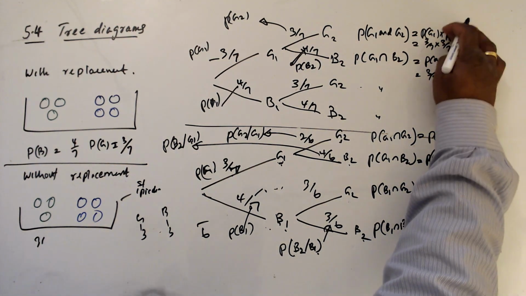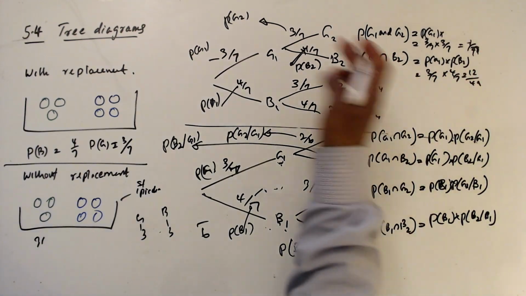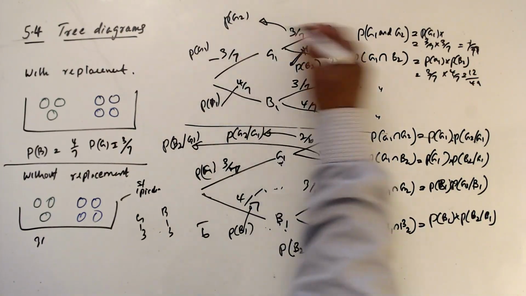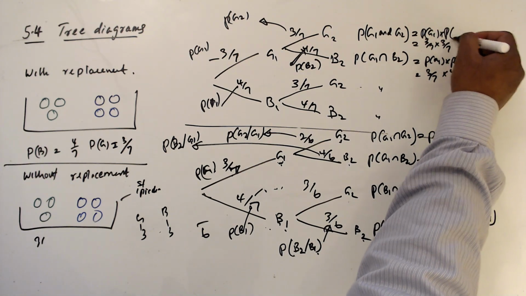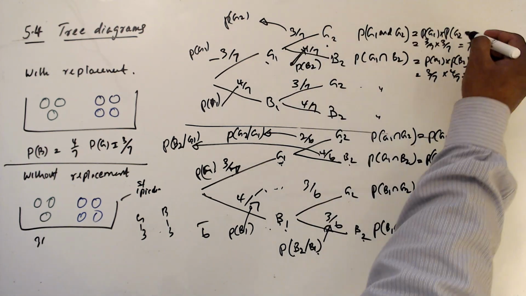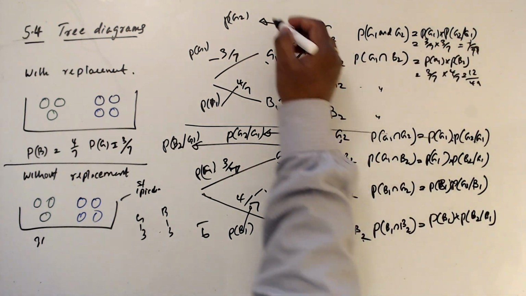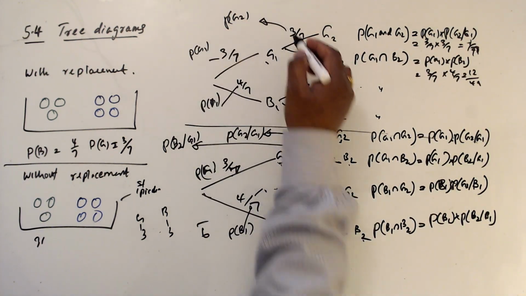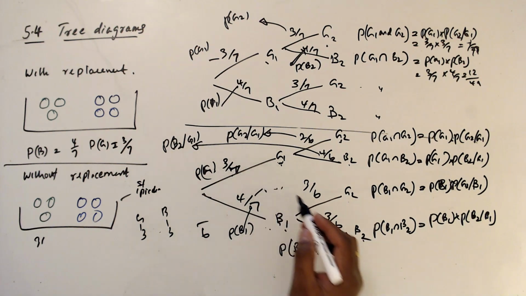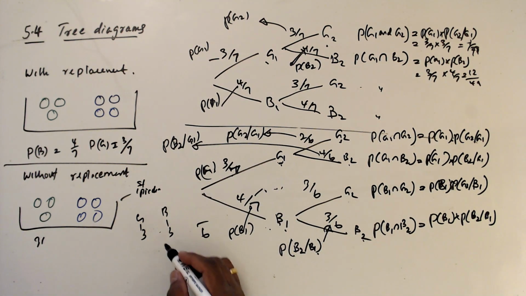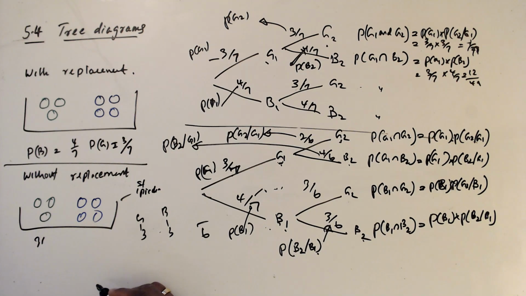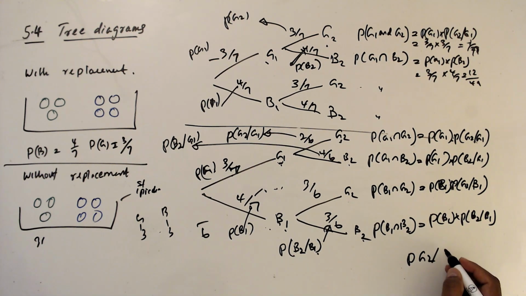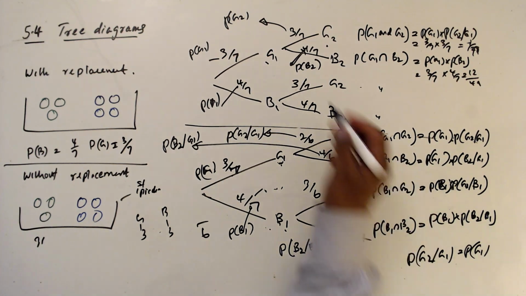Now here you can write P(G2 given G1), but with replacement, P(G2 given G1) is P(G2) because there is no influence.